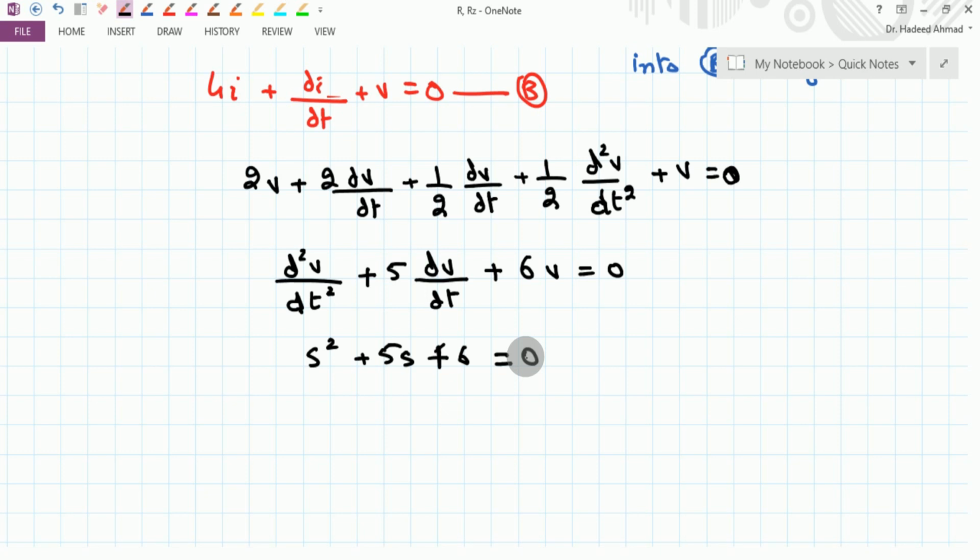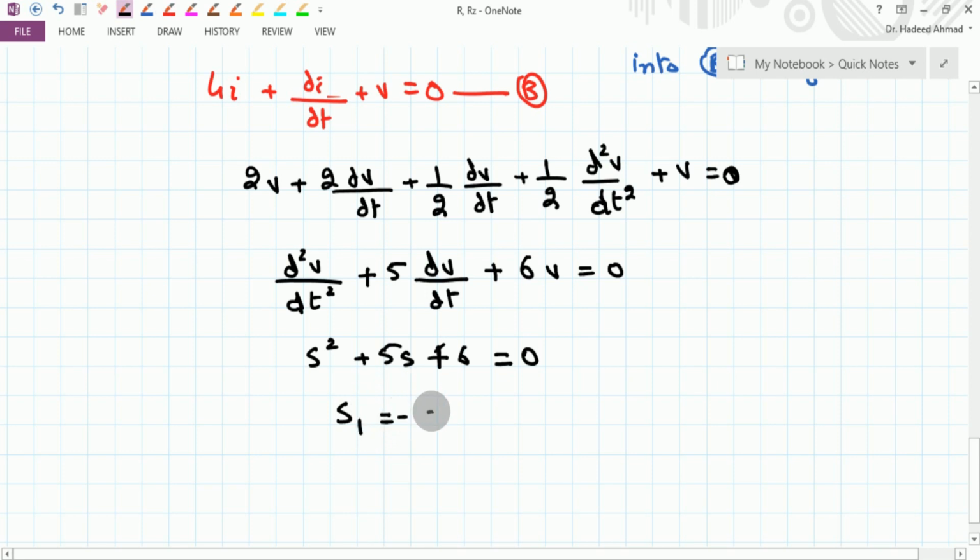This is the characteristic equation, and it can be solved by using the quadratic equation. And if I solve this particular equation, then I get two values: S1 equals -2 and S2 equals -3.